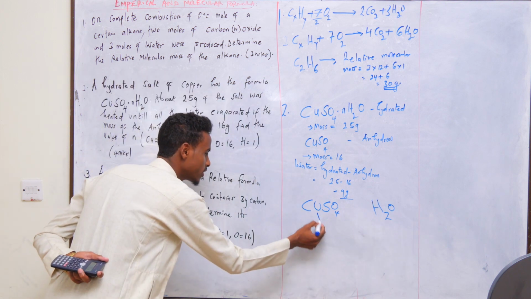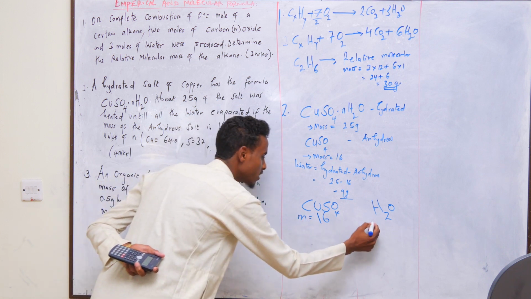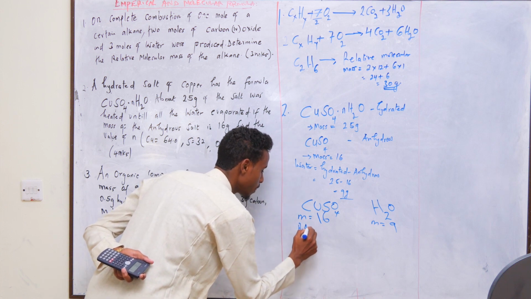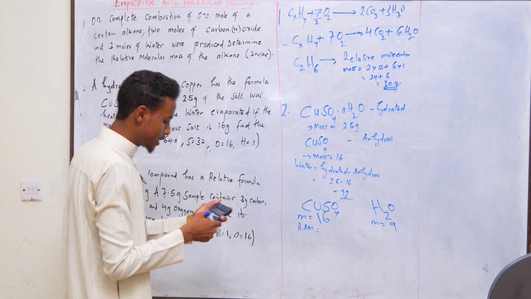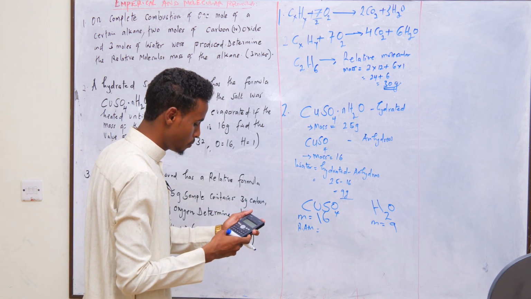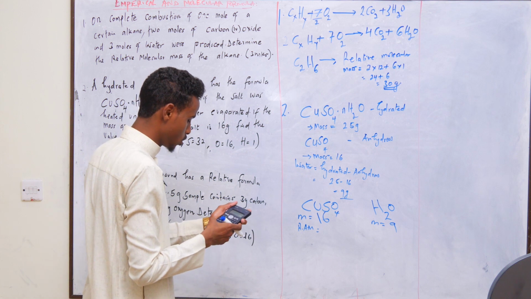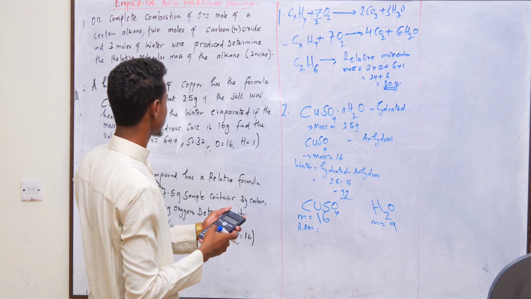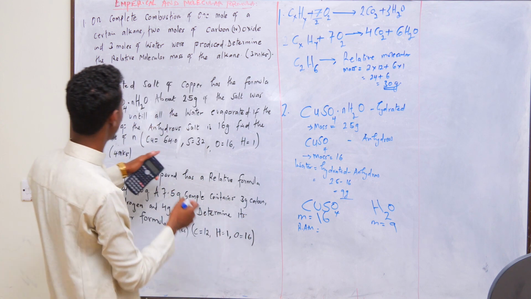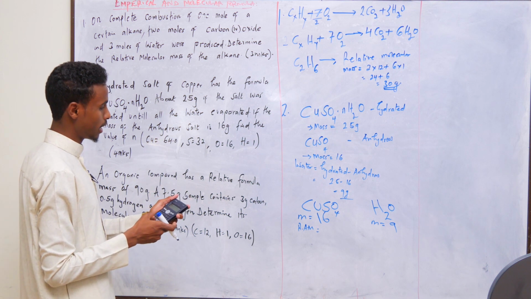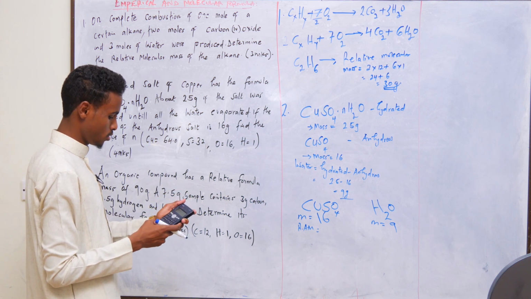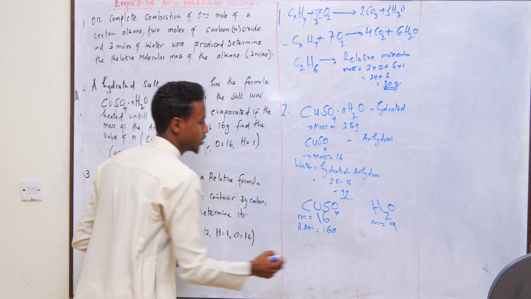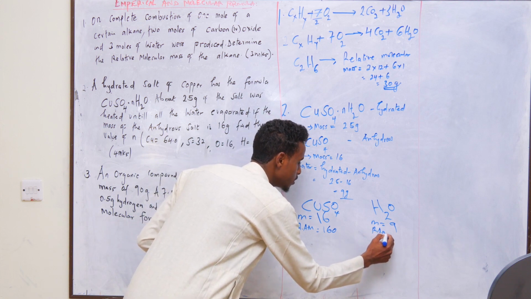Copper(II) sulfate has mass 16 and water has mass 9. The RFM of copper(II) sulfate is copper 64 plus 32 plus 64, that is 160. The RFM of water is 18.